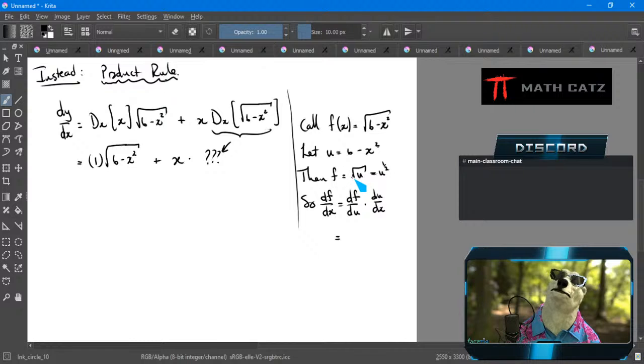Perhaps I've memorized the root u derivative. I don't really know which one's better. I try not to memorize something, and if it happens automatically, great. At this stage, perhaps you'll go power rule. Perfectly fine. Then the derivative of u with respect to x, well, I see that up here. It's a negative 2x.